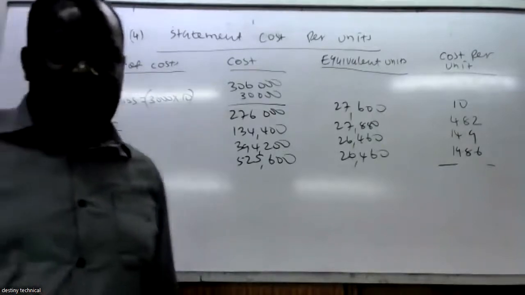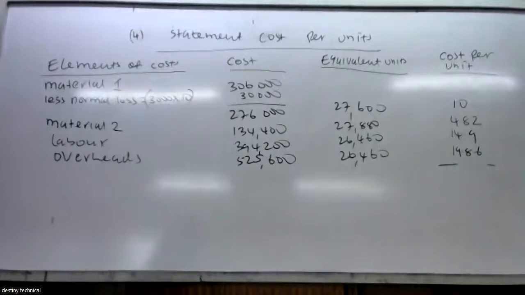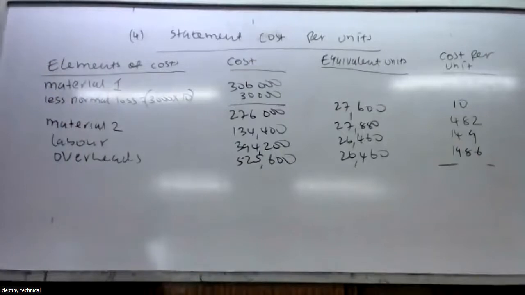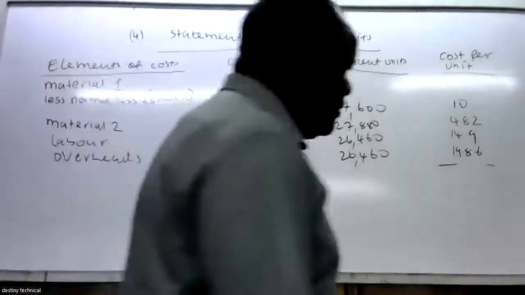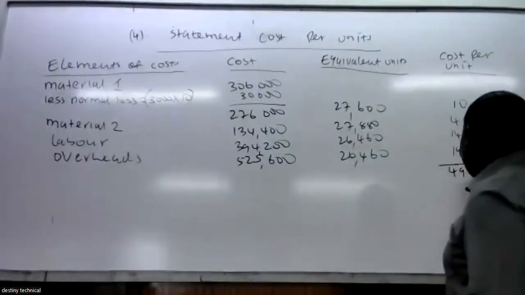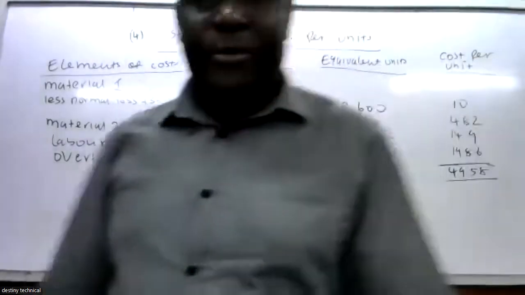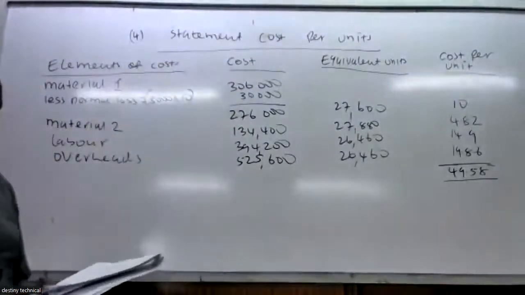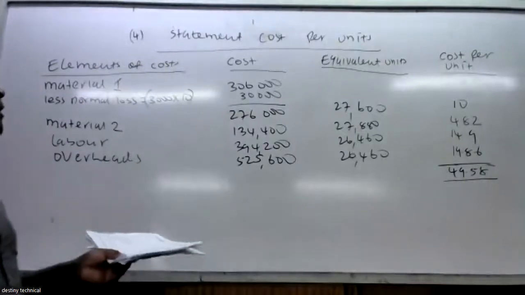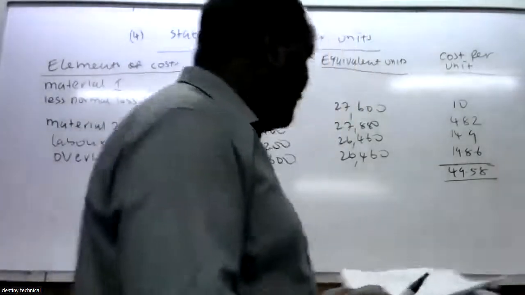When you add them, you are getting a total of 49.58. So that should be your part B of the question, which was meant to be the cost of equivalent units for each element of cost.